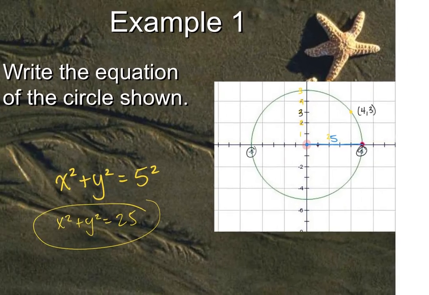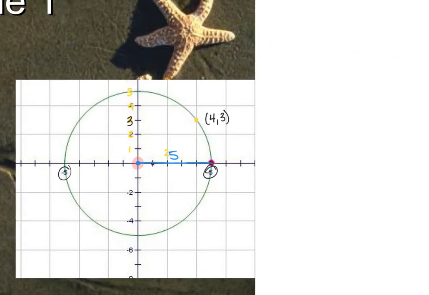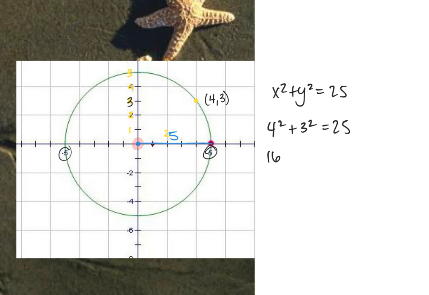So if we plugged in 4 and we plugged in 3, this would be x squared plus y squared equals 25, right? So x is 4, so 4 squared plus y is 3, 3 squared gives me 25, right? So 4 squared is 16 plus 9 gives me 25. So this is 25 equals 25.